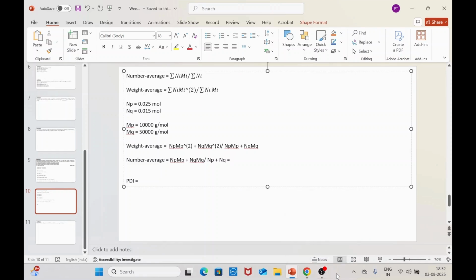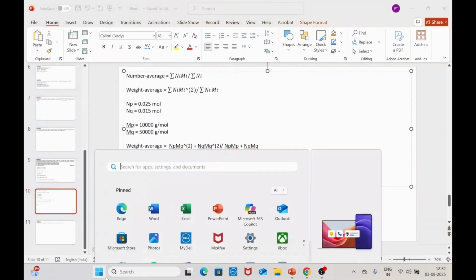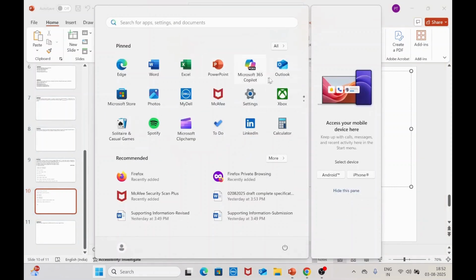Since one of them has given the answer, let me verify. Calculator.